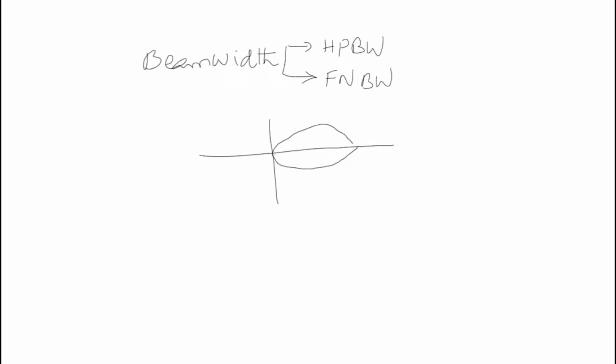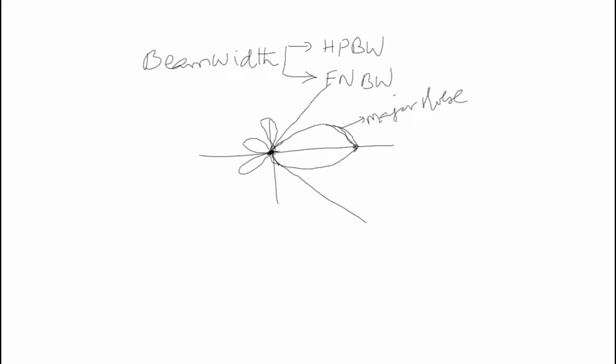I assumed that the antenna placed here radiates maximum energy in this direction, so that is represented by the major lobe. And let us take minor lobes also, like this. Assume in this direction there is no radiation. So these are the nulls.